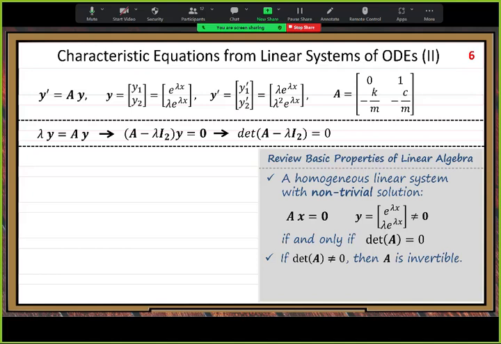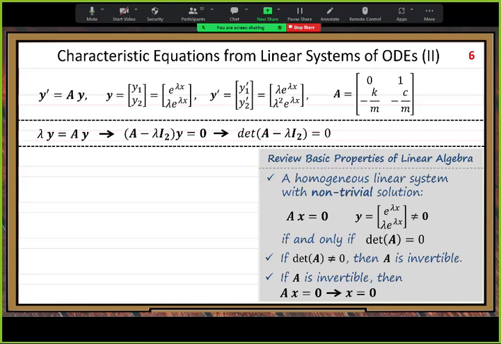Then, if you make this assumption, the determinant is non-zero, then A is invertible. If A is invertible, then an invertible matrix times x equals 0 implies that x equals 0. Can you see that?